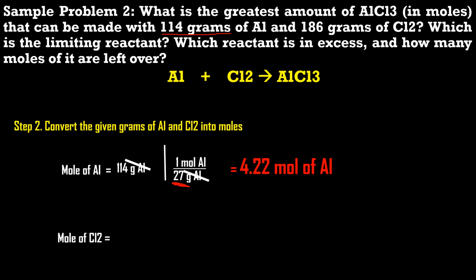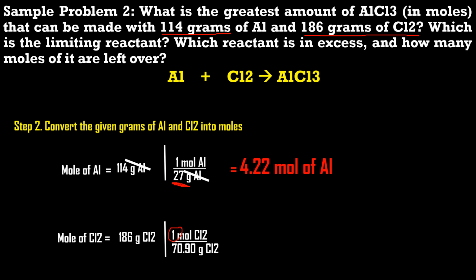For the moles of Cl2, we will be using the following values: 186 grams of Cl2, multiplied by 1 mole of Cl2 over 70.90 grams of Cl2. 186 grams is the given amount of Cl2 indicated in the problem. For every 1 mole of Cl2, we have 70.90 grams of Cl2.